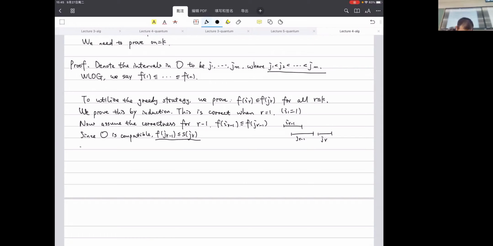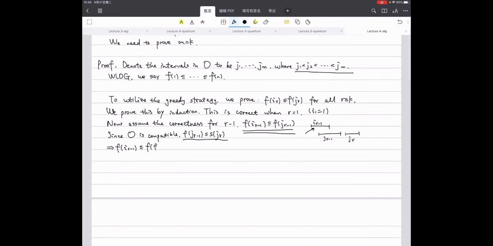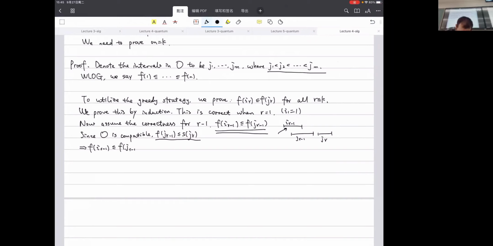So this is saying that the finishing time of the I r minus 1 event, based on our induction assumption, F i r minus 1 is smaller than or equal to F j r minus 1, and this is smaller than S j r.